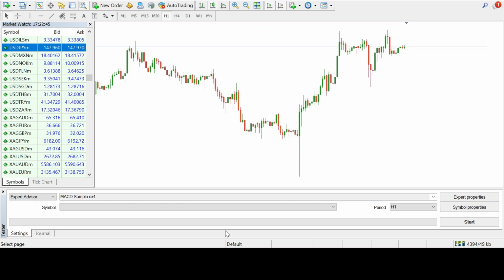The first platform we'll talk about is the MetaTrader 4. When you think about retail CFD trading, the first platform that likely comes to mind is the MetaTrader 4. This platform has been the industry standard for years, and for good reason.